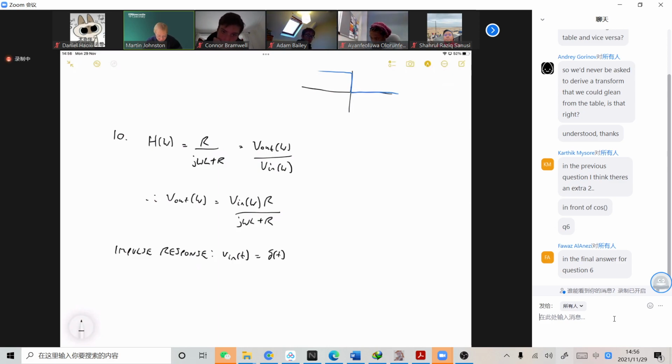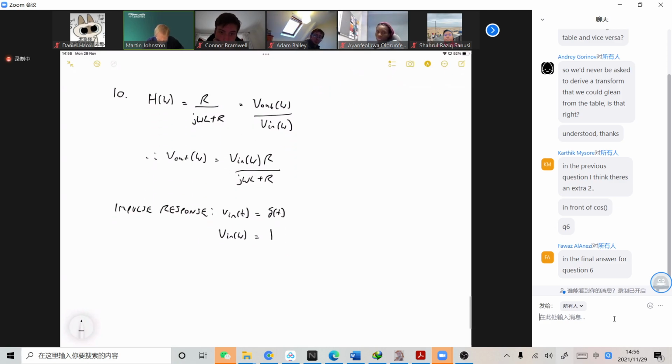So V in of omega will be equal to 1, because the Fourier transform of a delta function is 1. And V out will then be simply R over j omega L plus R, because we're multiplying that by 1.